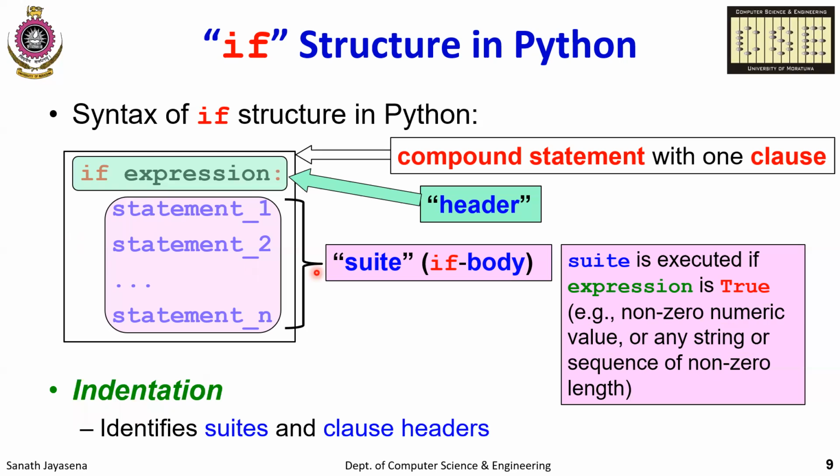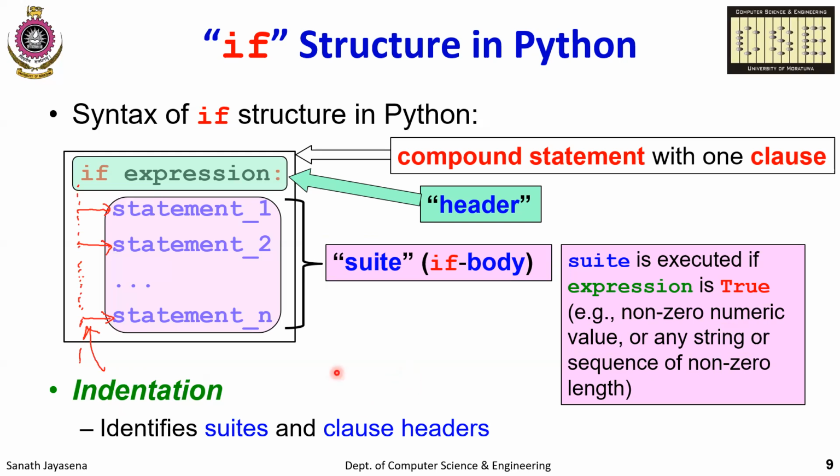It is the vertical alignment in code. The if has this vertical line, but the statements inside are all shifted to the right. This is what we call indentation. All the statements in the if body, or the suite, are indented, shifted to the right by some amount.